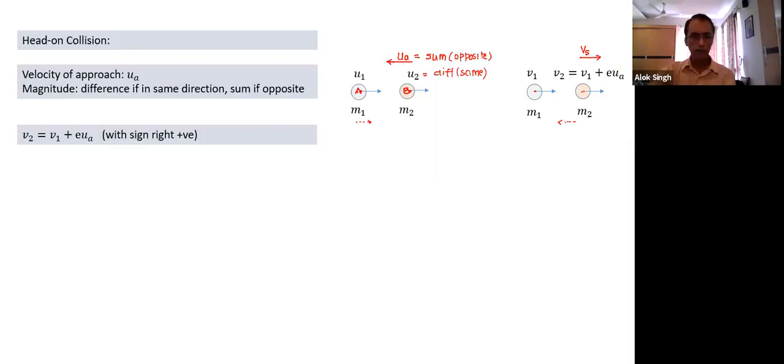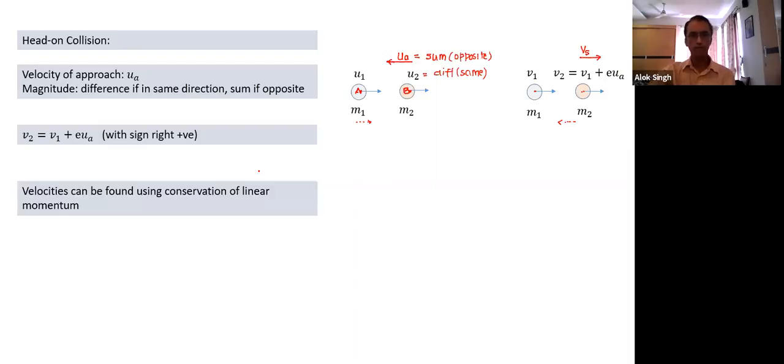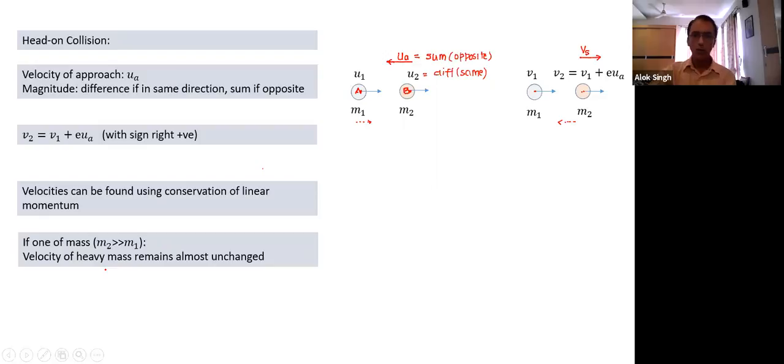Everywhere we follow the plus minus sign convention. Once I write this equation, if e is given, I can find the value of the only unknown v1 using conservation of linear momentum. And in some cases we come across a case where one of the masses is much heavier than the other. Let's assume what happens if m2 is much heavier.